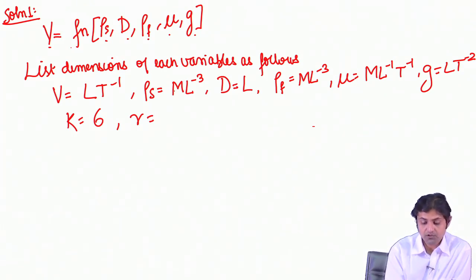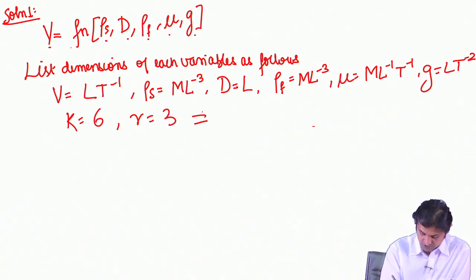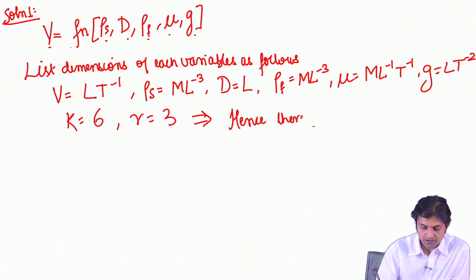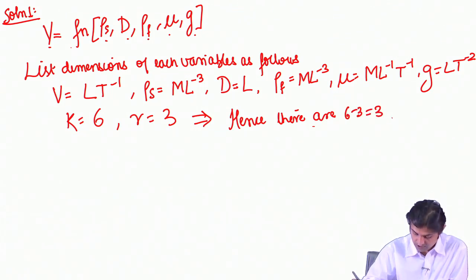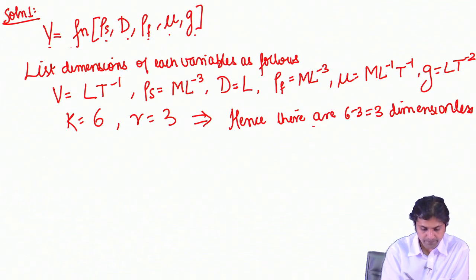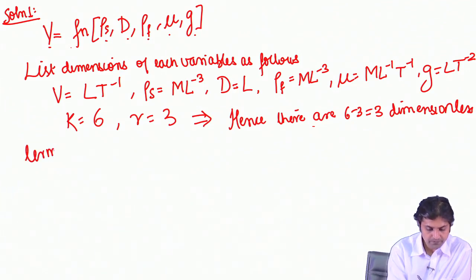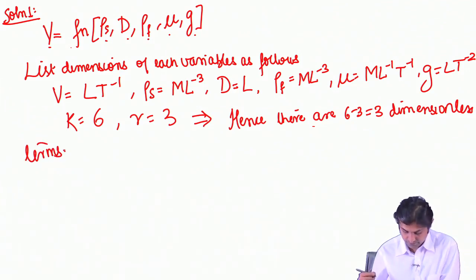And r is the number of basic dimensions. If you see, M is appearing, L is appearing, and T is appearing. So, r is 3, which implies that there are 6 minus 3 is equal to 3 dimensionless terms.